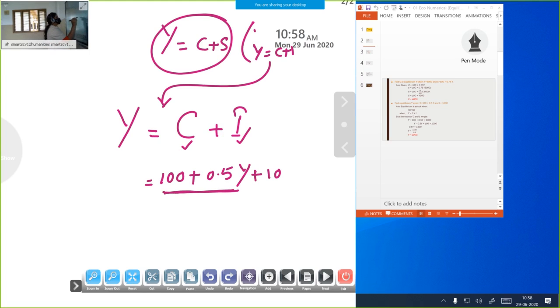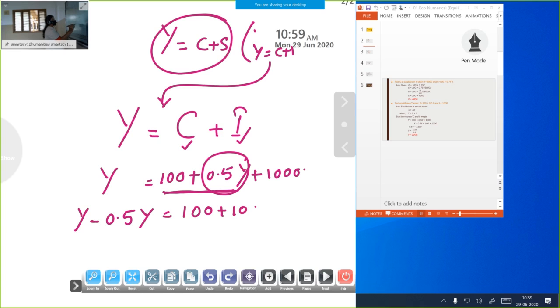Investment value is 1000. Okay. Then how can we solve this one? Here Y is equal to this much. So we can take this value here. So Y minus 0.5 Y is equal to 100 plus 1000.